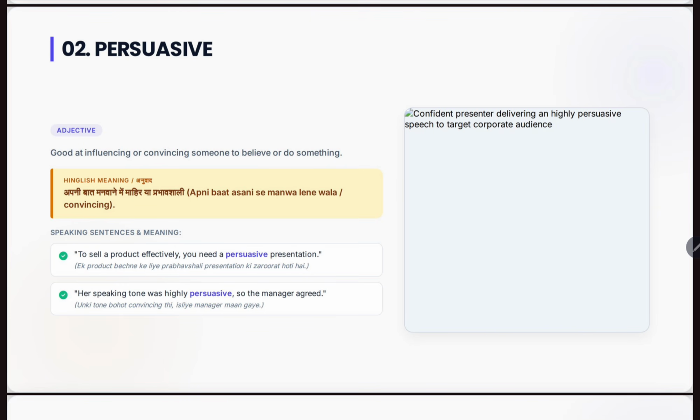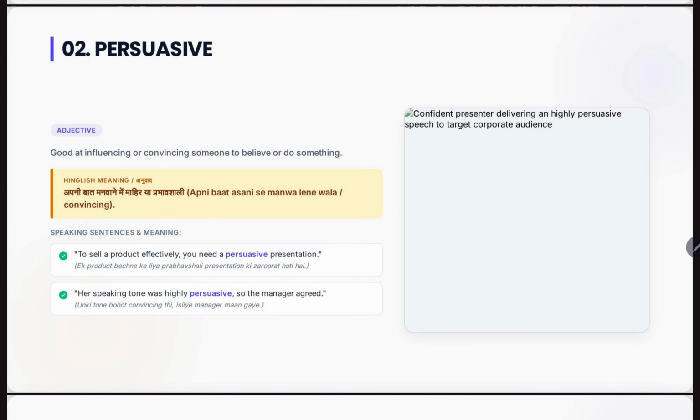Now the second example is: her speaking tone was highly persuasive, so the manager agreed. Like you are working in an office and you are taking leave from the manager, and the manager is not ready to give you leave, but you have a skill to persuade someone.